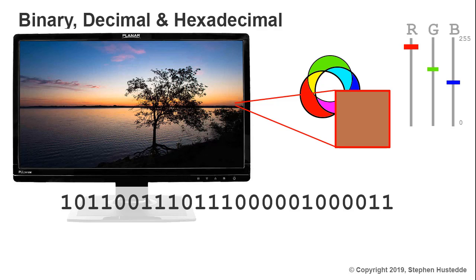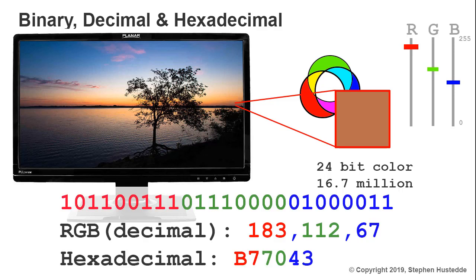The green has also a value between 0 and 255, and so does the blue. And that gives us actually 16.7 million different colors, and this is what we call a 24-bit color system. Each one of those values, red, green, and blue, are represented by a byte, or 8 bits. And so we have 3 times 8 bits is 24 bits.